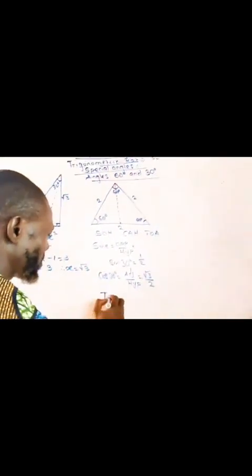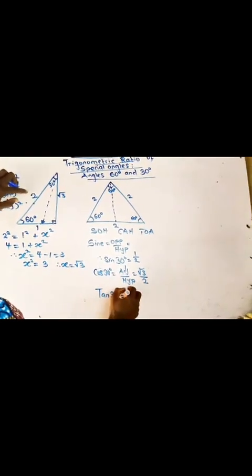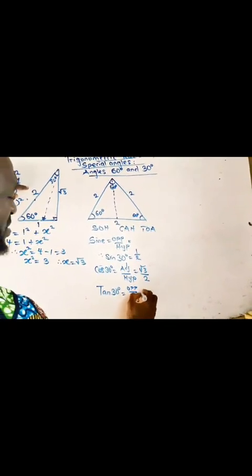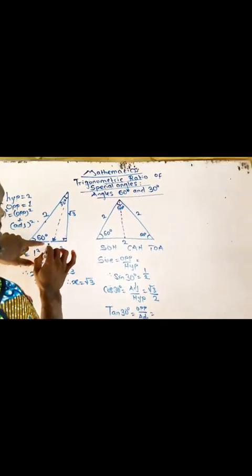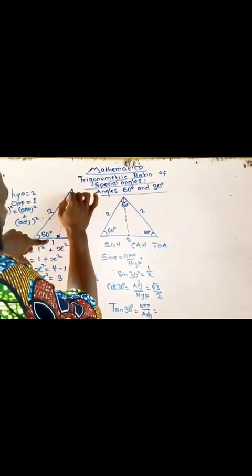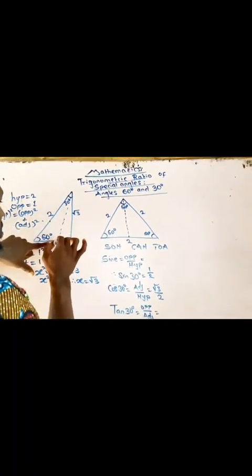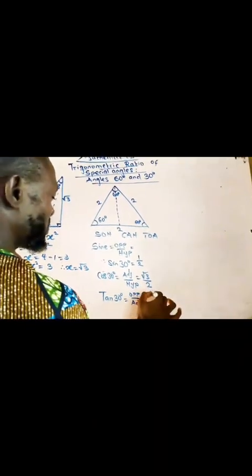Now let's move on to tan 30 degree. Tan is opposite over adjacent. Where is our opposite? This is opposite. It is the side that is opposite the angle under consideration. And the angle under consideration is 30 degree. So we are going to have what? 1 as our opposite.